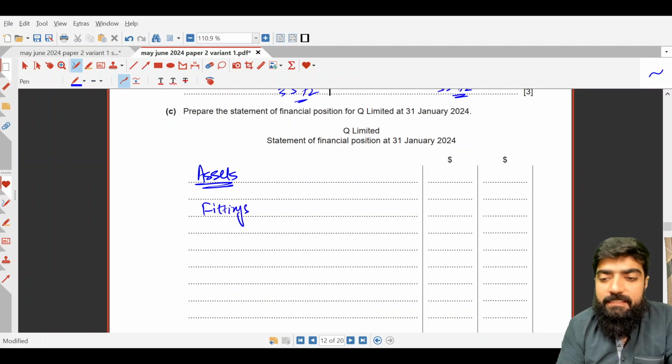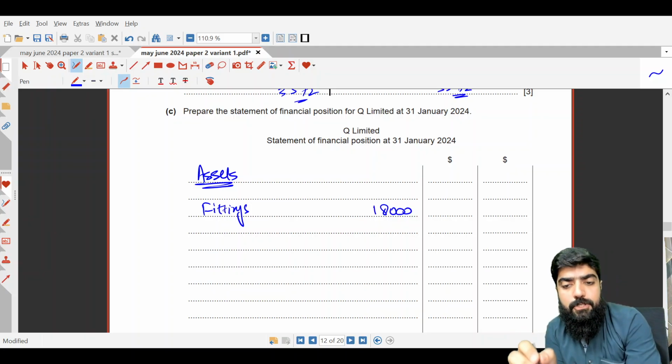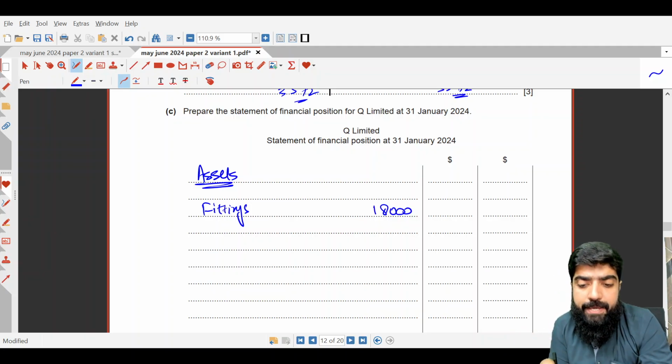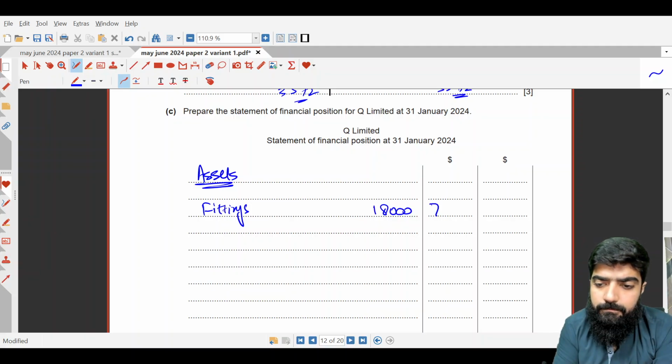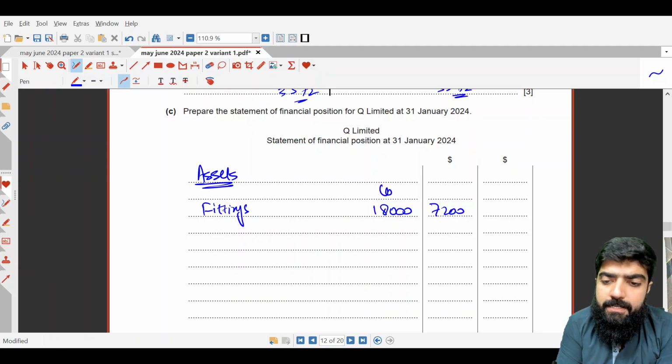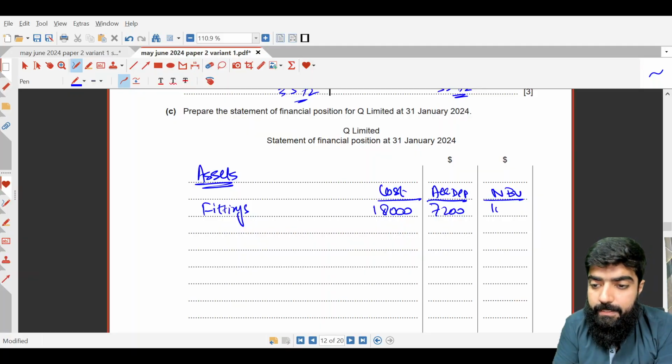Then we need to deduct accumulated depreciation, the provision for depreciation. This 5,400 plus 1,800 was 7,200. So that is the cost less accumulated depreciation, and the net book value would be 10,800.